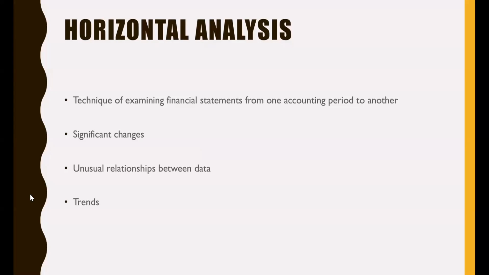How much should be invested in accounts receivable, etc. Okay, so these trends are the reason why it is also known as trend analysis. So in short, horizontal analysis shows any change in the financial statement, whether there is an increase or a decrease in a particular item.